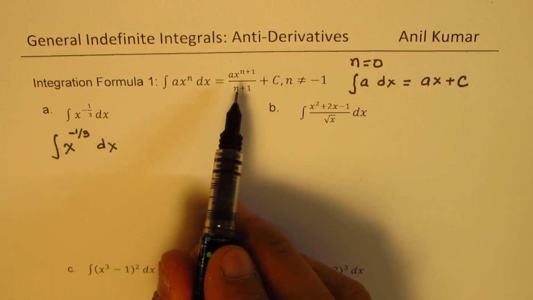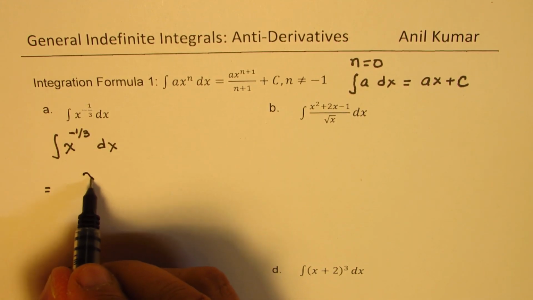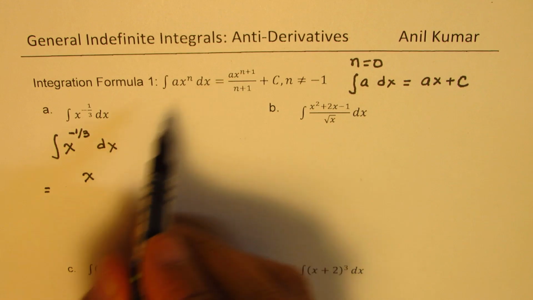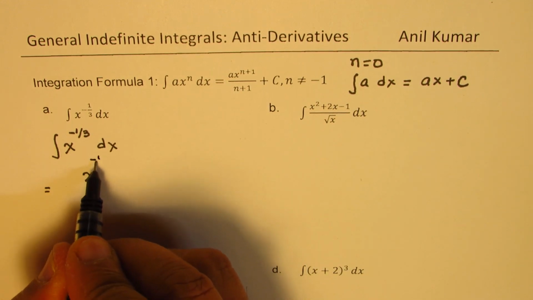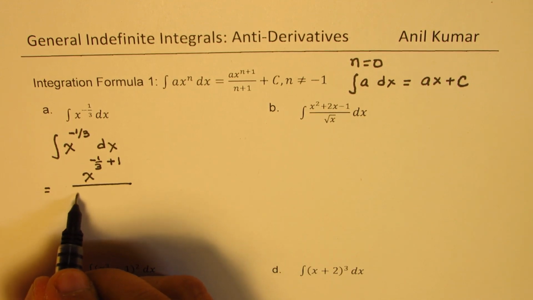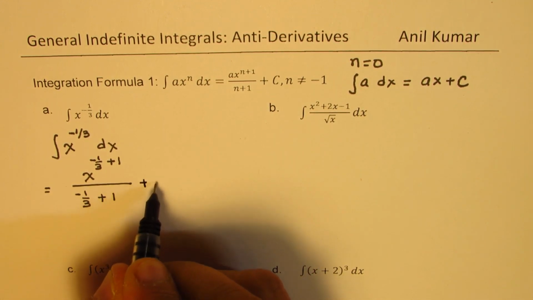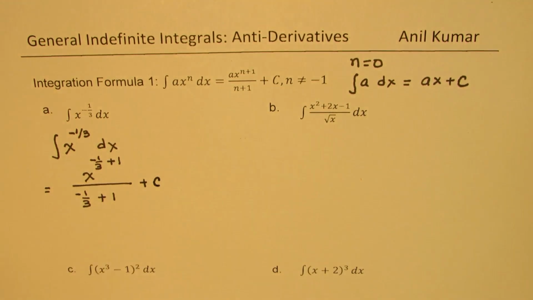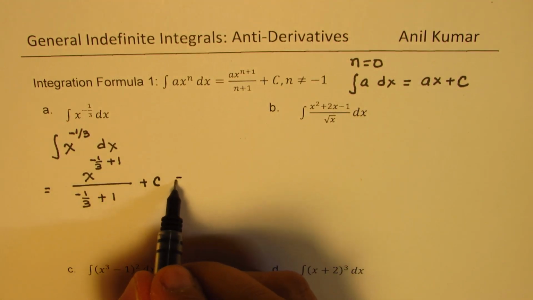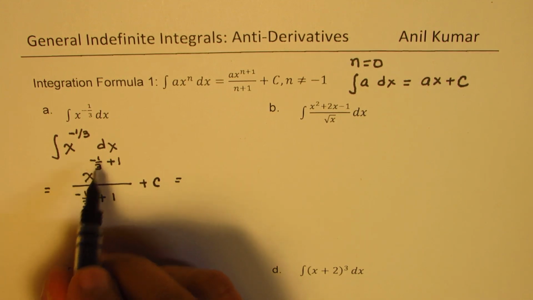Now, using the rule directly, we could write this as equal to x to the power of minus 1 over 3 plus 1, right? So minus 1 over 3 plus 1. And in denominator also, we get minus 1 over 3 plus 1. And of course, plus the constant c. Now, that gives you 3 minus 1, which is 2 over 3, right?